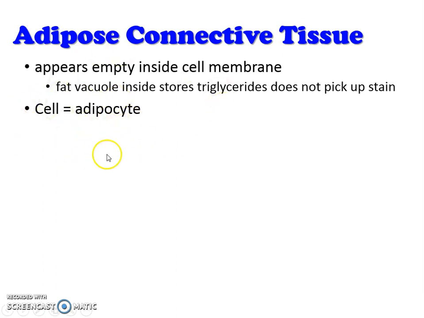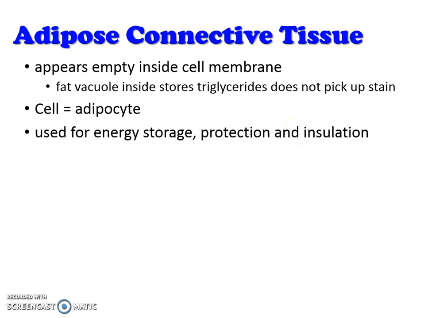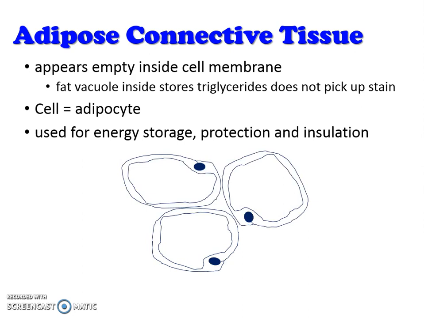Just like we saw the word blast before, meaning build, cyte means cell. So adipocyte is an adipose connective tissue cell. And these cells are used for storing energy, the triglycerides, also used for protection and insulation. And here is a nice hand-drawn picture of some adipose connective tissue, and looking at adipocytes.